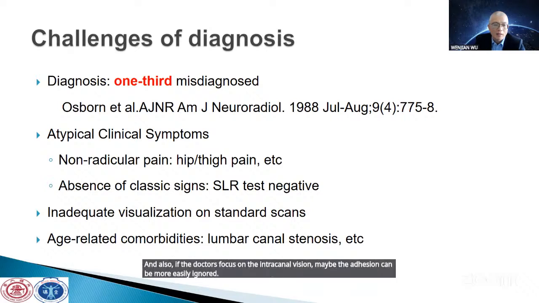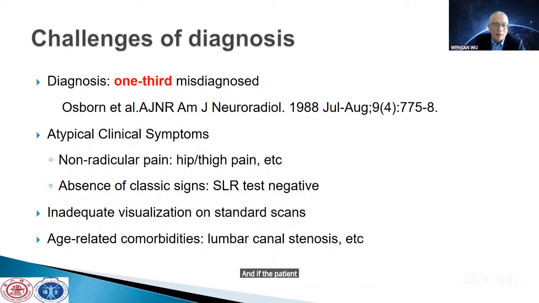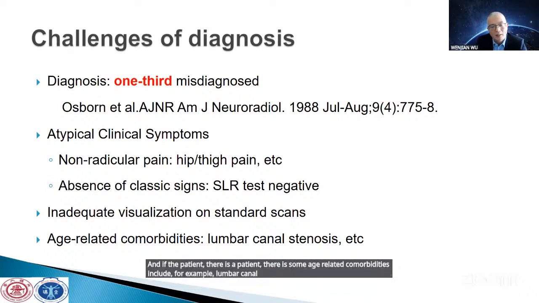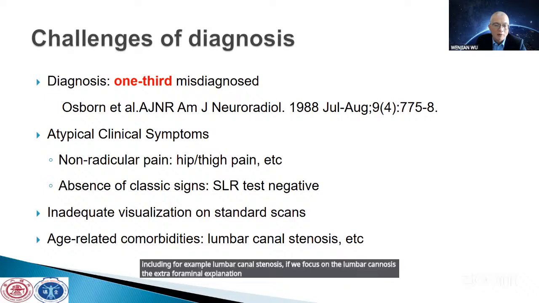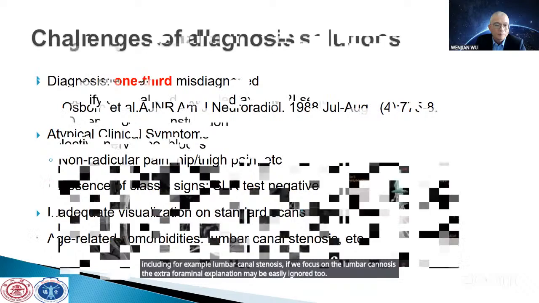And if the patient has age-related comorbidities, for example lumbar canal stenosis, and we focus on the stenosis, the extraforaminal herniation may also be easily ignored.